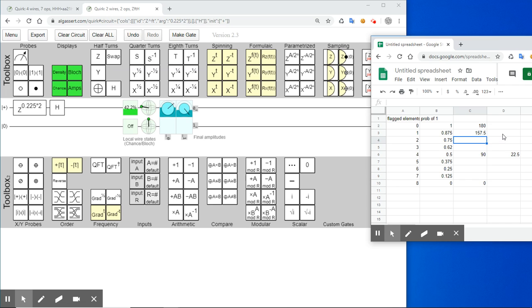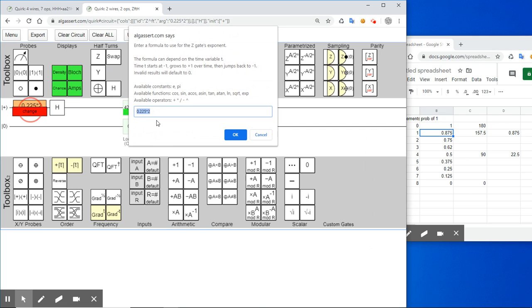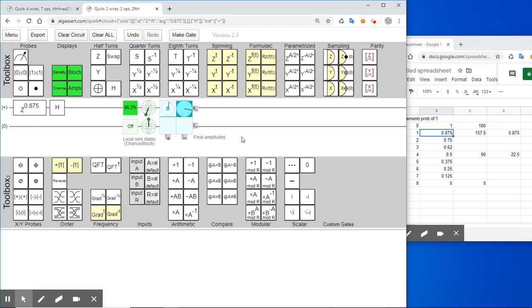Which is basically, yeah, well, it's the same. 0.875. That's exactly what I want to move away from.